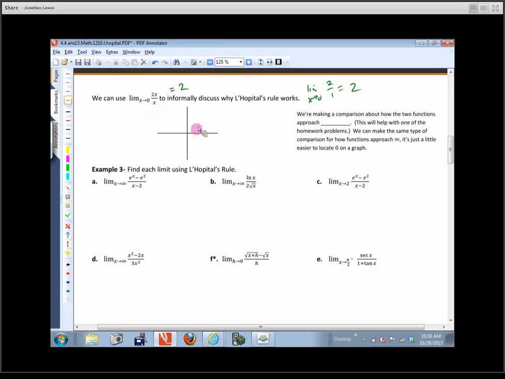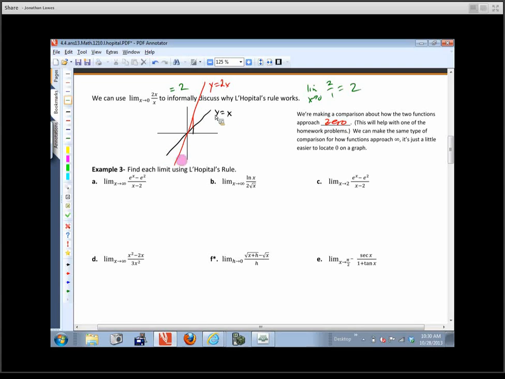Okay? Well, here's what we're doing. If you think about what the denominator looks like, the denominator is the function y equals x. And the numerator is the function y equals 2x. And what we're doing here by comparing the derivatives is comparing how big this function value is compared to this function value right here. So we're making a comparison about how the two functions approach 0.